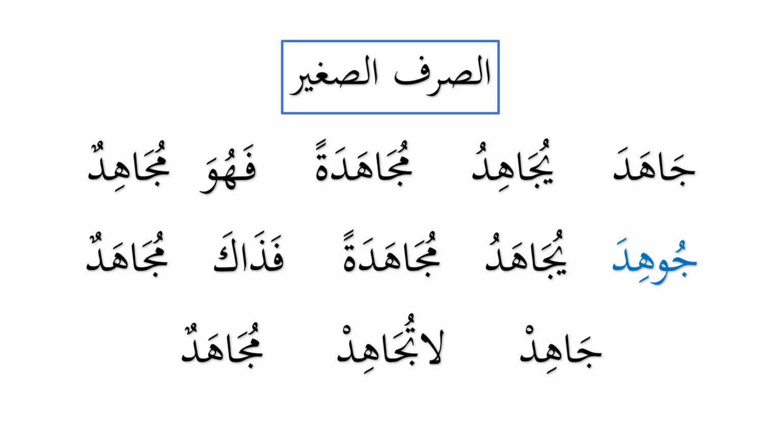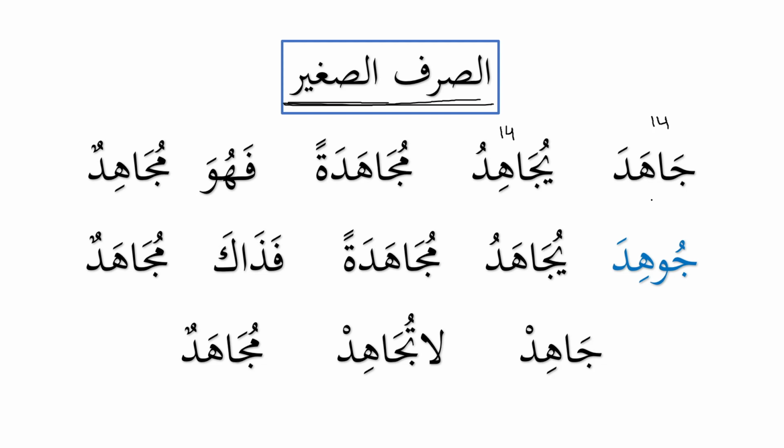Okay, as-sarf as-saghir, as we always discuss, at least we should be able to know the sarf as-saghir, meaning the small conjugation. What is the difference between small conjugation and the big conjugation? In big conjugation, for the past tense, we have 14 forms, and the present tense, we have 14 forms, right? Starting from number one, jahada, jahada, jahadu, going to the end, right?